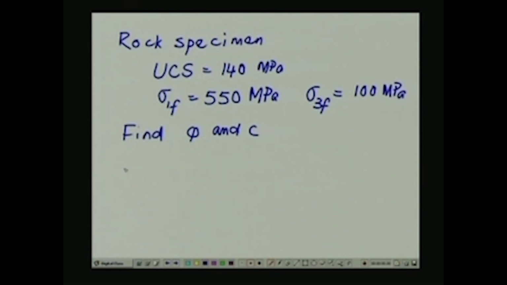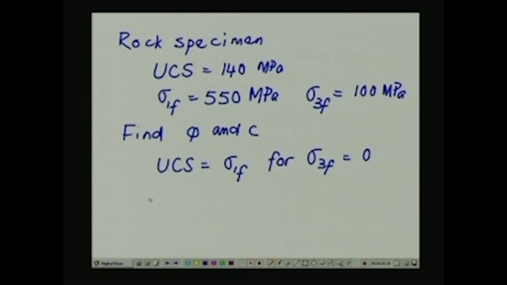So how do we proceed? We first take a look at the equation that I derived, noting that UCS is essentially equal to sigma 1f for a case where sigma 3f, the minor principal stress at failure, is equal to 0.